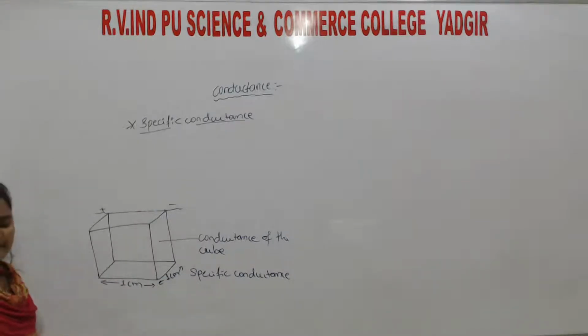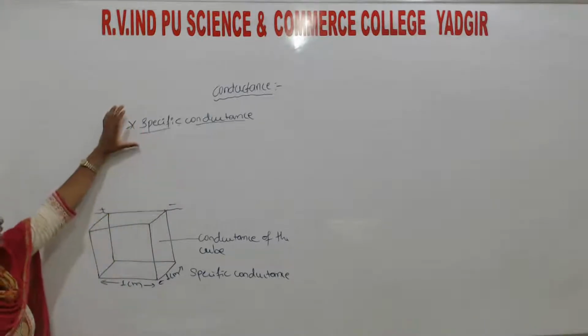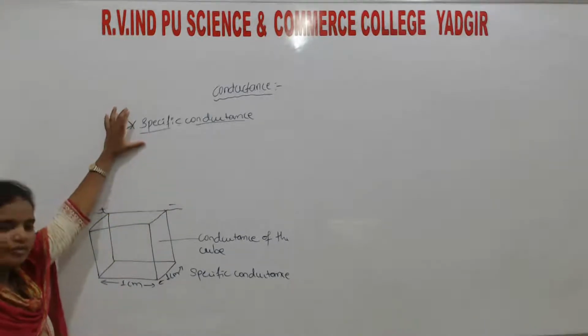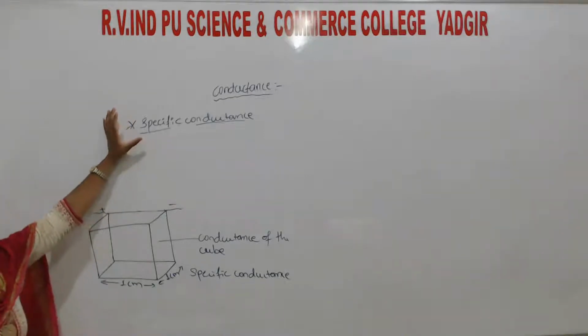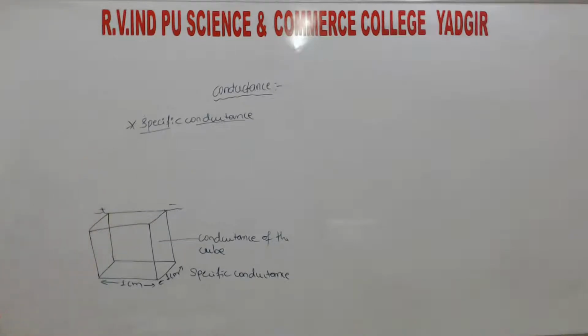Here is the definition of specific conductance. In your examination a question arises: define specific conductance, or what is specific conductance. The specific conductance is defined as the conductance of 1 cubic centimeter cube of a solution of an electrolyte.